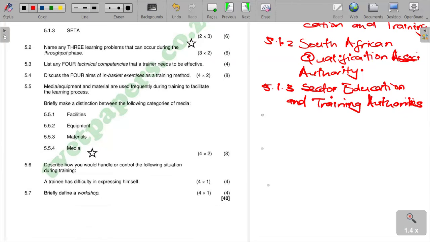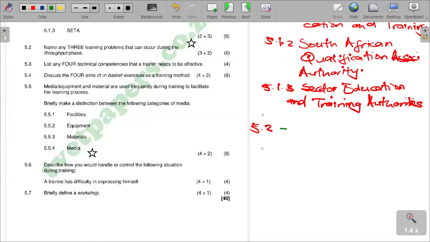5.2. It reads, name any three learning problems that can occur during the throughput stage or phase.